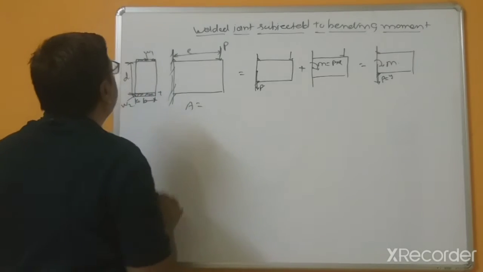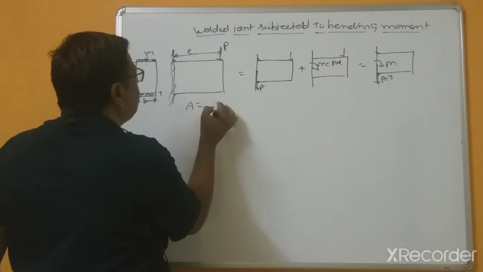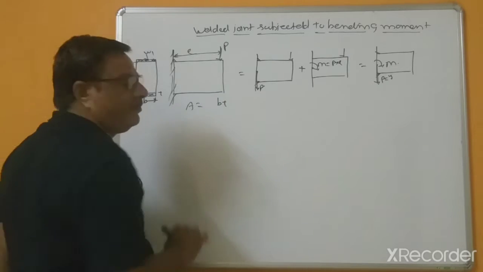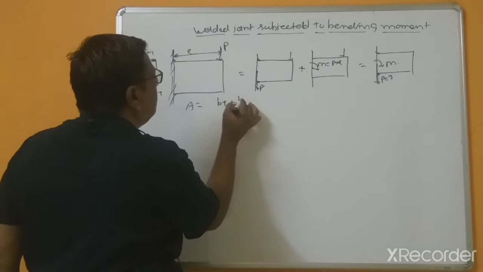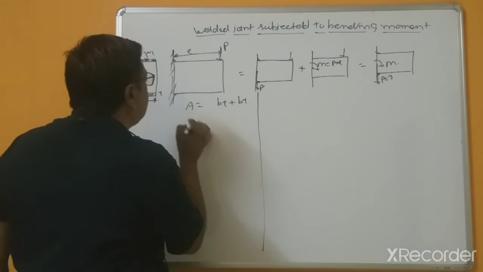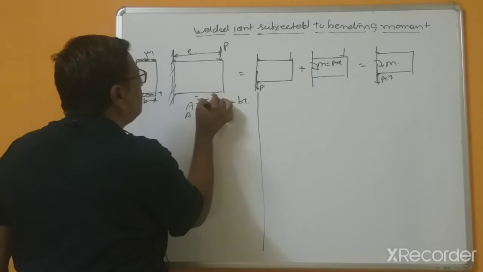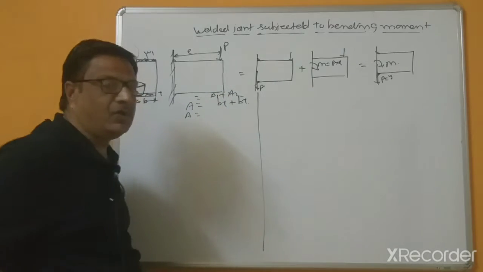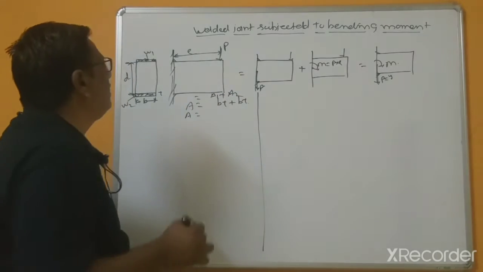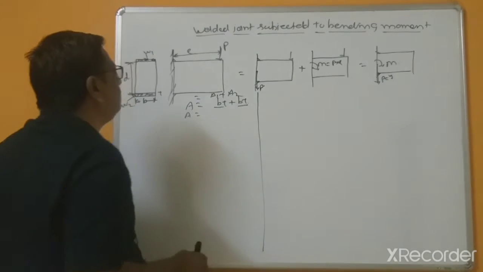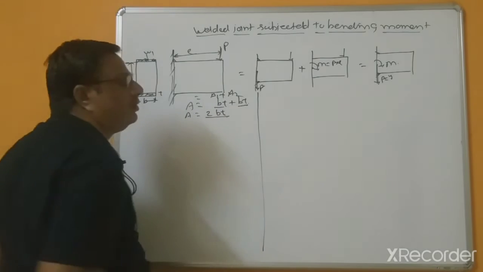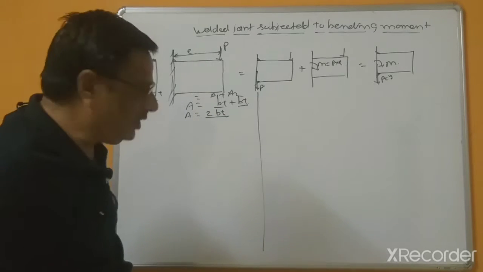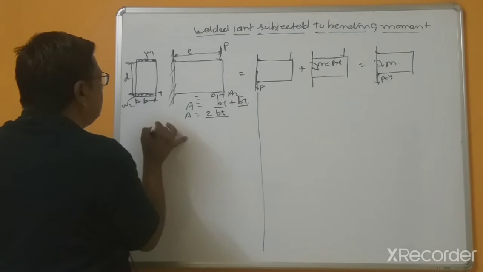Suppose this is the area. Area for the first weld is B into T, and for the second weld B into T. So the total area is the sum of A1 plus A2, the area of the first weld plus the area of the second weld, equal to 2BT.